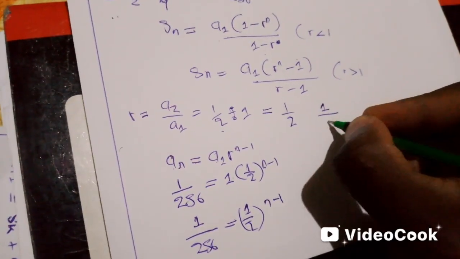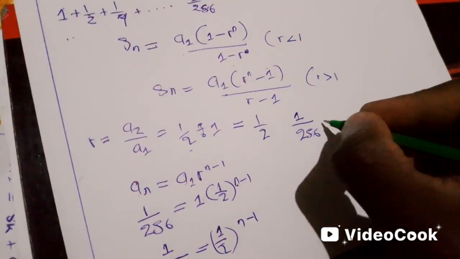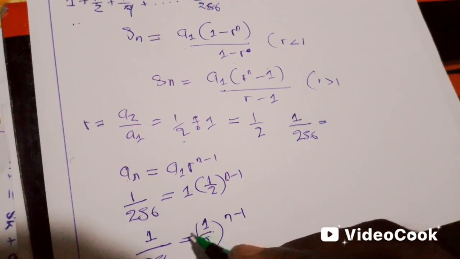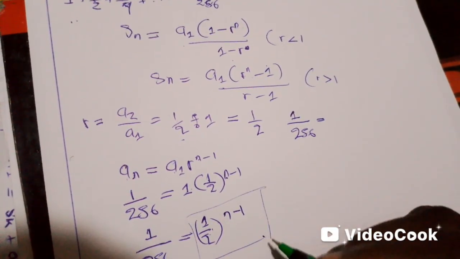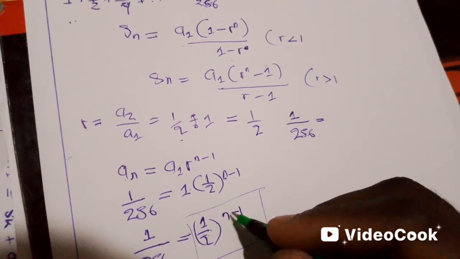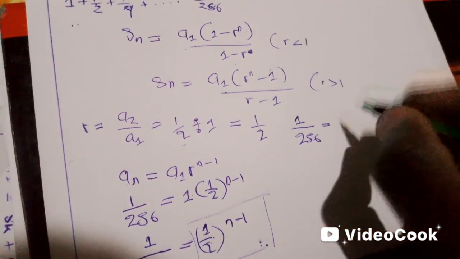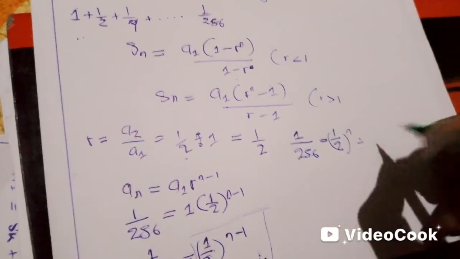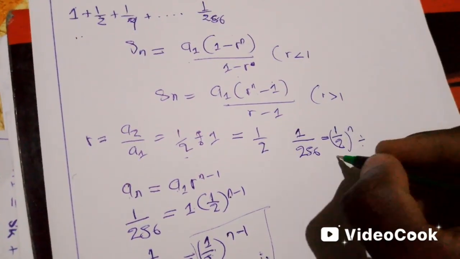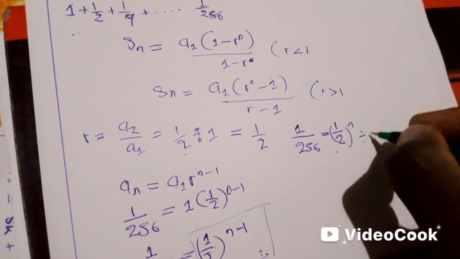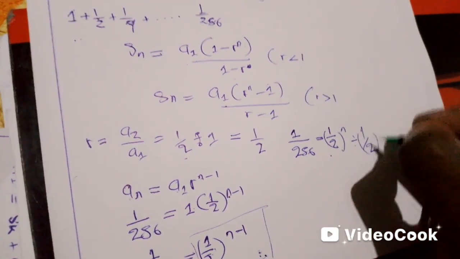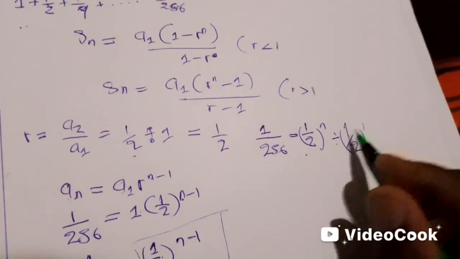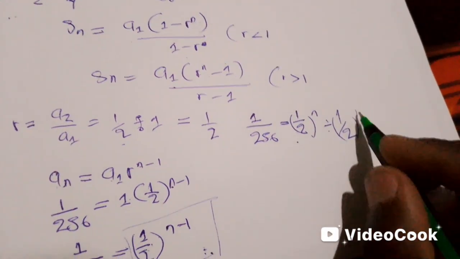So 1 divided by 256 is equal to this. If you look at it properly, if you're a mathematician, you can break this down. To have n minus 1 as a power, we had half to the power n divided by half to the power 1. When you're dividing the same base, we just subtract their powers.